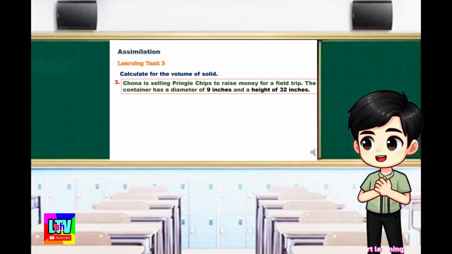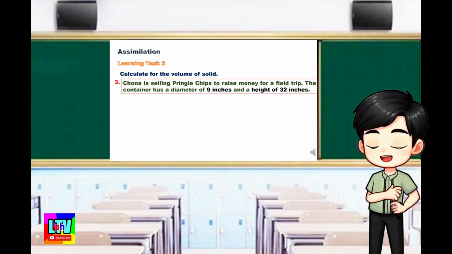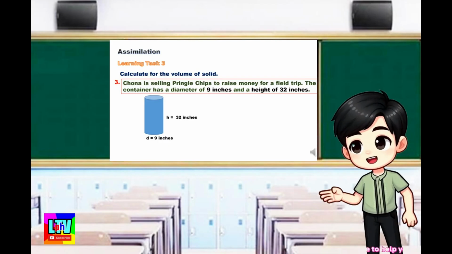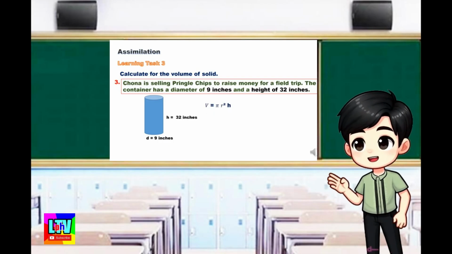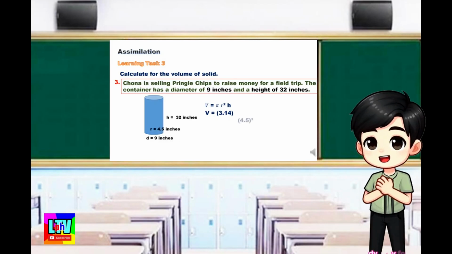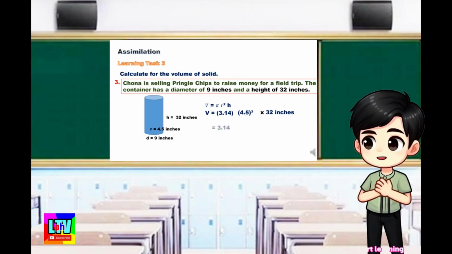Number 3. Jorna is selling Pringle chips to raise money for a field trip. The container has a diameter of 9 inches and the height of 32 inches. Using this formula, pi is 3.14, the radius is 4.5, and the height is 32 inches.